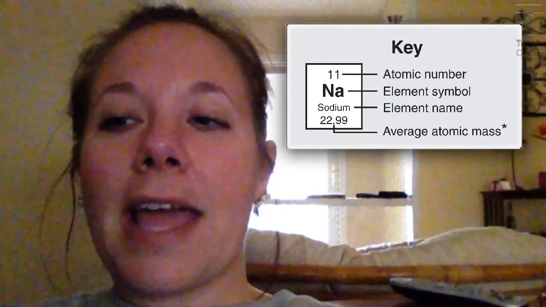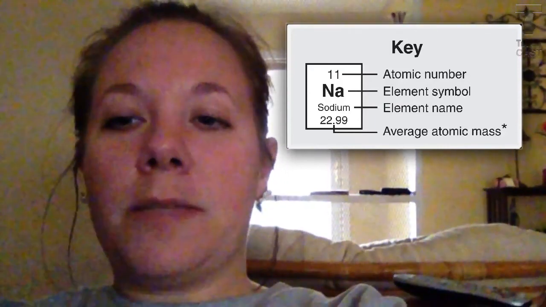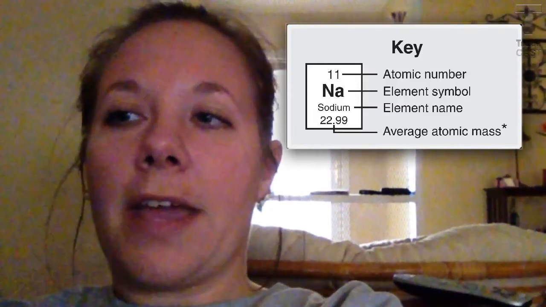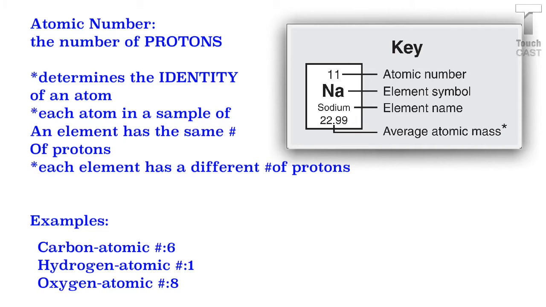So let's take a look now at all of these pieces and see what information they can give you. So first thing is the atomic number. It's the number of protons. Remember that protons are inside of the nucleus. And the atomic number is kind of like a thumbprint for the atom. It determines the identity. Every atom in a particular element has the exact same number of protons.